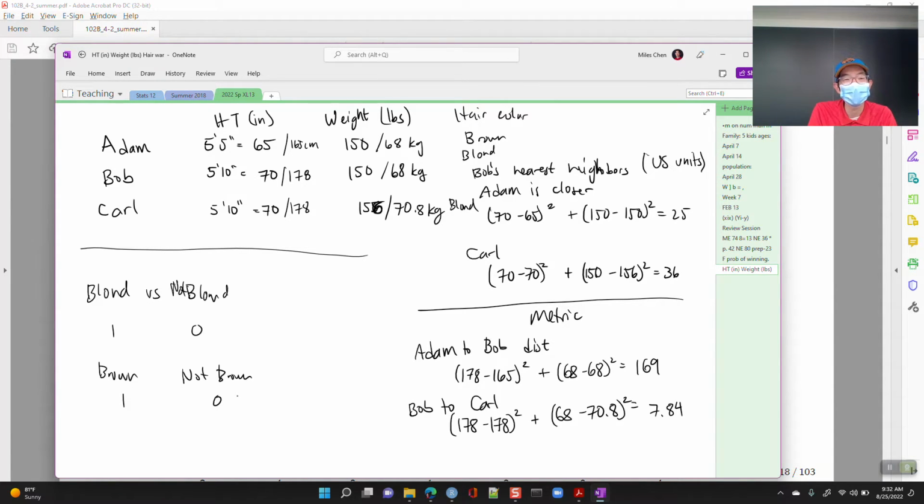Is this difference between blonde hair versus not blonde hair, and brown hair versus not brown hair, equivalent to a 5-inch difference in height? Is that equivalent to a 2-inch difference in height? These are questions that are kind of impossible to answer, really, right?